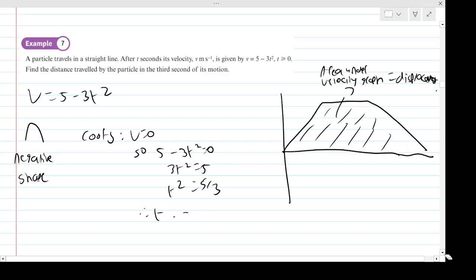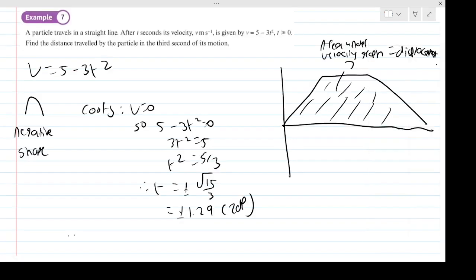Actually, I'll give an exact form. t is plus or minus root 15 over 3. Okay, or as a decimal, plus or minus 1.29 to 2 decimal places. Okay, and so then these are my two roots. Right, again, I emphasize roots.